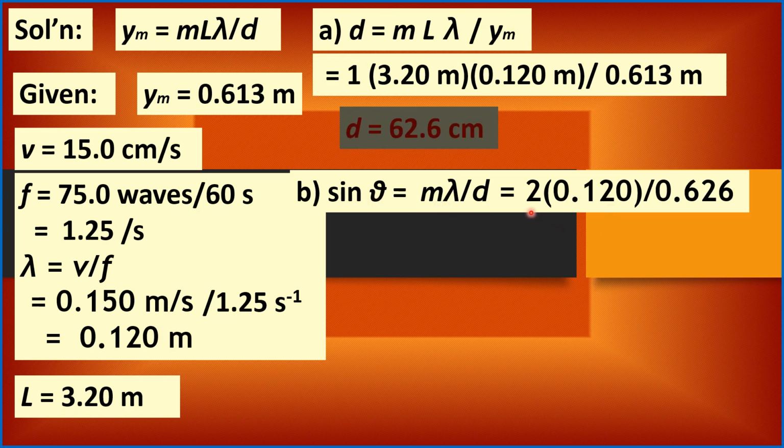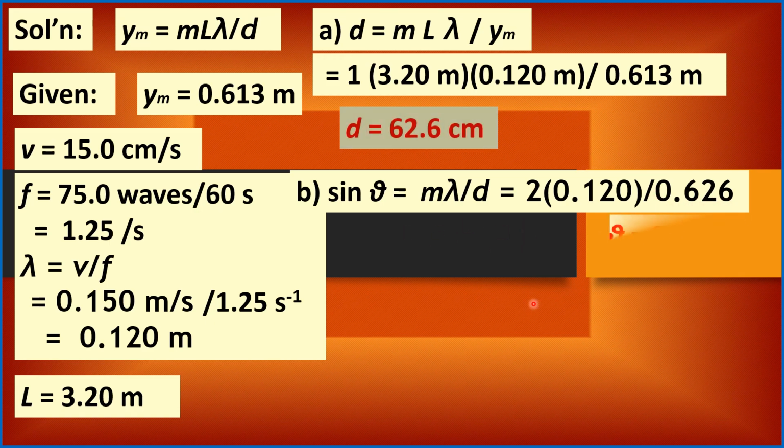Using that formula again, sine of the angle theta is equal to m lambda over d. So when we substitute for m equals 2, the same value for lambda, 0.120 in meters, divided by the width of the slit, which we determined in question letter A, already expressed in meters, 0.626.